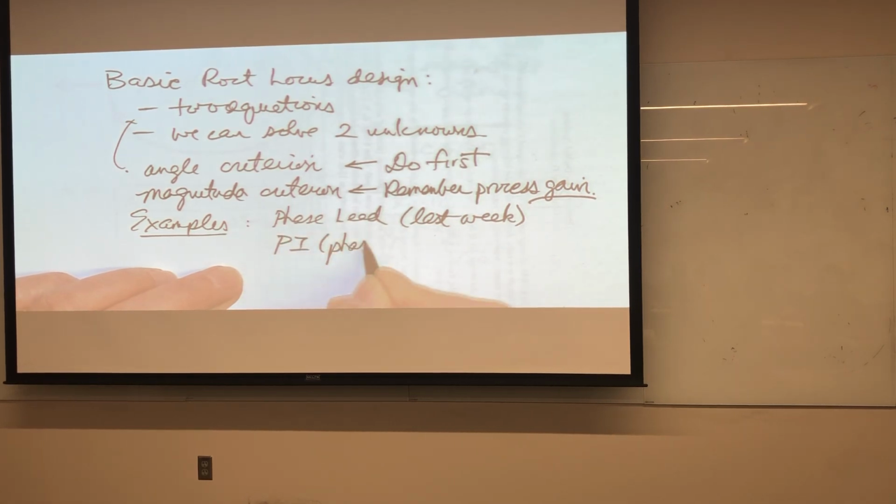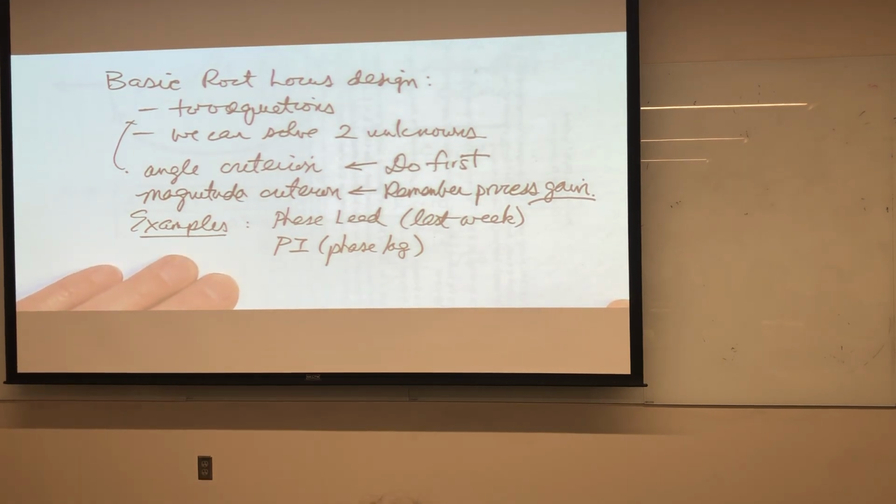It's a type of phase lag. In both cases, you have 2 unknowns: you don't know K, and you don't know some parameter of the compensator. But we have 2 equations, so we just set up 2 equations and 2 unknowns.